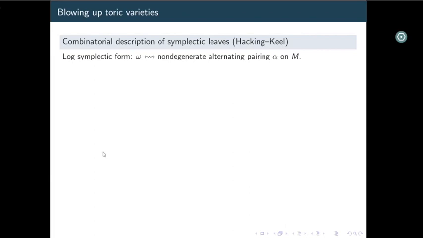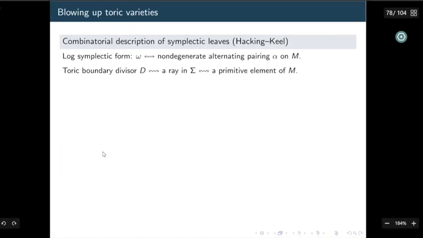So let's take the toric variety that we started with. You take the log symplectic form omega, which will correspond directly to a non-degenerate alternating pairing alpha on the lattice M, the lattice in which the fan lives. If you take a toric boundary divisor, this will correspond to a ray in the fan sigma. So this will give you a primitive element of M, the primitive generator of this ray.